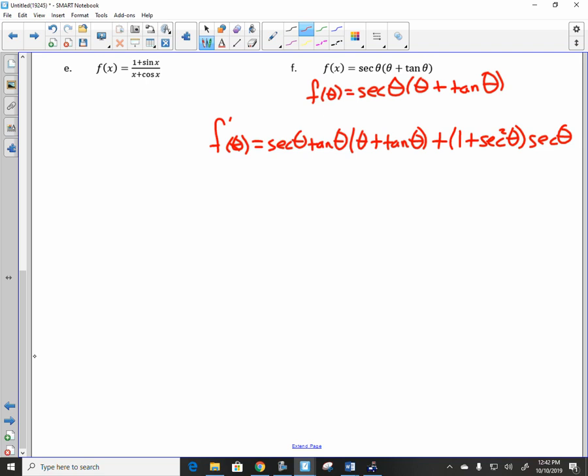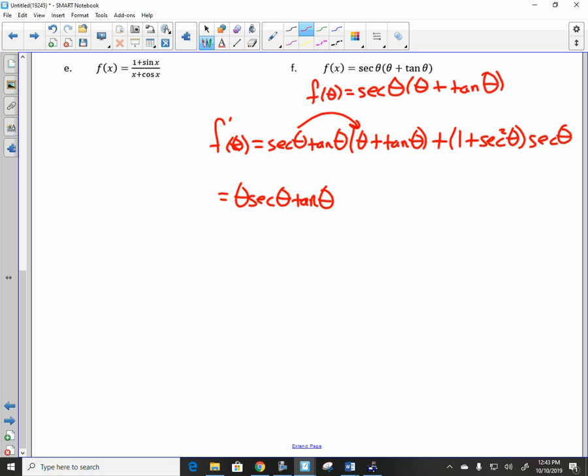Oh boy. That's a lot of thetas and secants and tangents. I'm going to distribute it through to see if something connects there. Looks like I'm going to have a theta, secant of theta, tangent of theta. So I just distributed this to the theta.